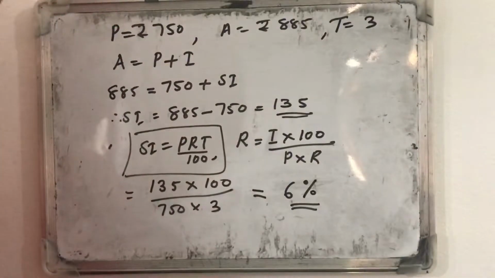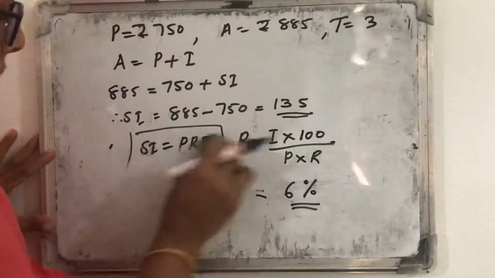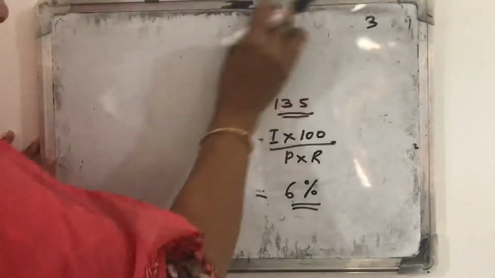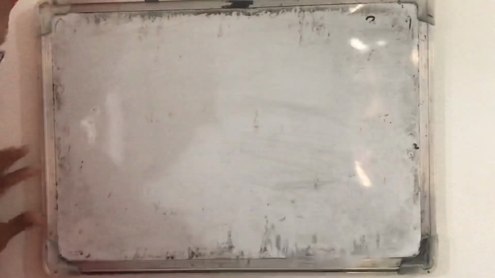Now read the next question, that is the fifth one. What sum amounts to 1044 rupees in 4 years at the rate of interest of 4% per annum? Okay, what sum amounts to? Here the principal is not given.